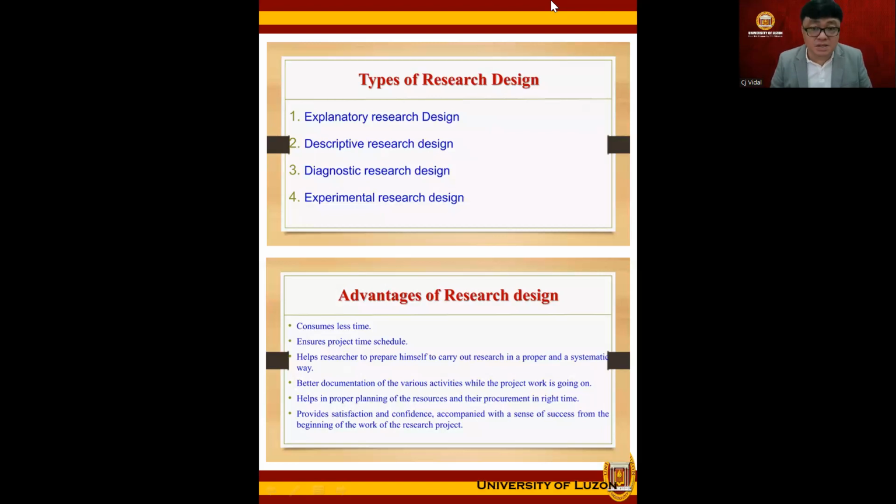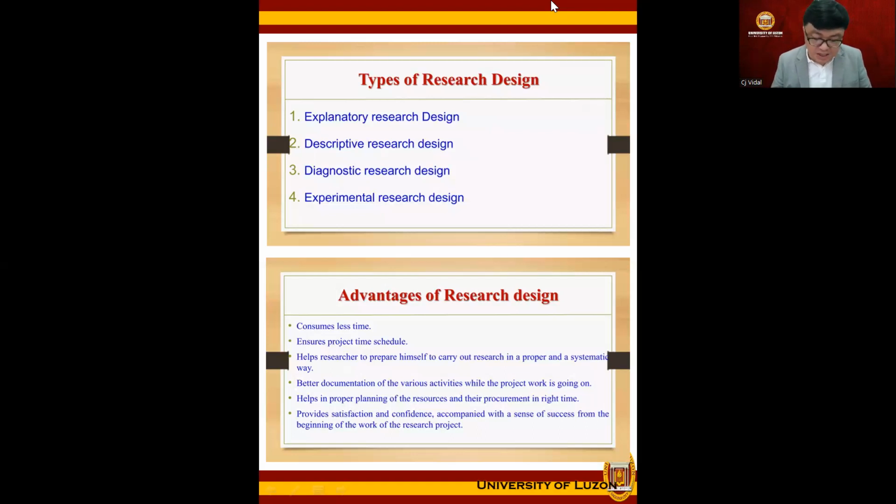Secondly, we talk about descriptive research design. In descriptive research design, a researcher is interested in describing a particular situation or phenomena under study. And this is a theoretical type of design based on the collection, designing, and presentation of collected data.